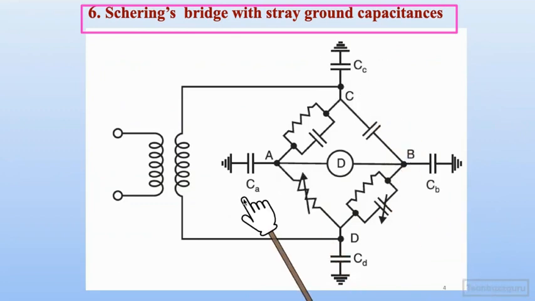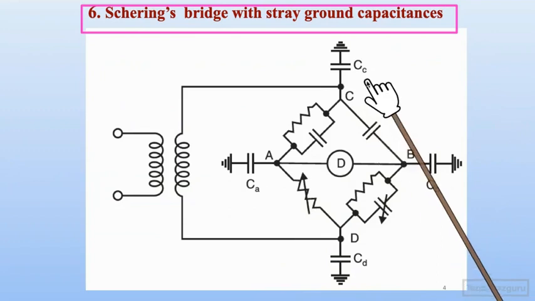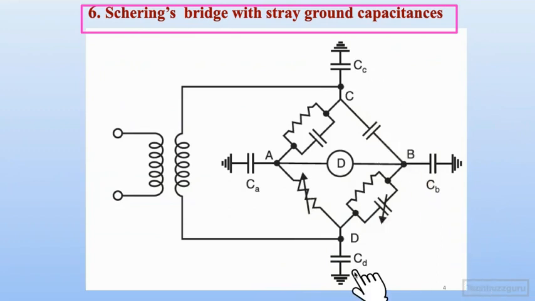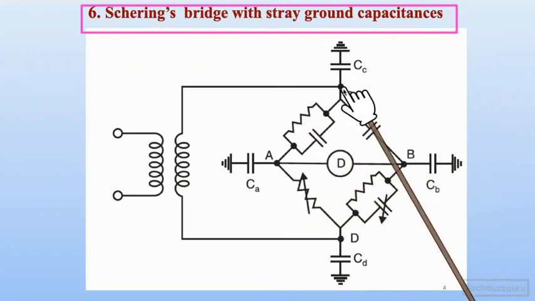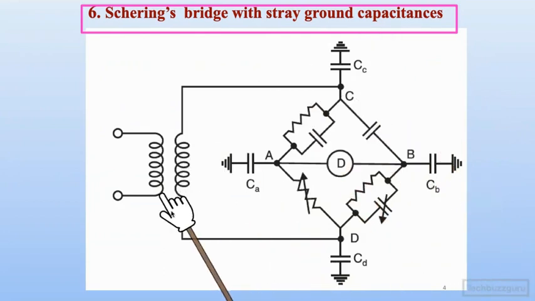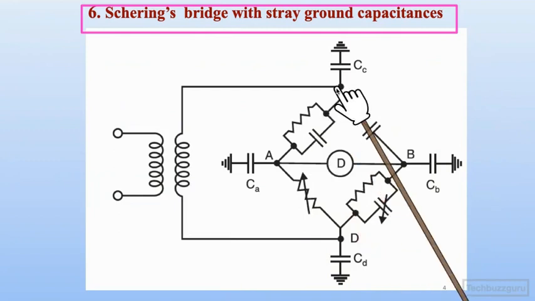So CA, then CB, CC, and then CD. All these bridge junctions will form some amount of ground capacitance due to nearby grounded objects. When this bridge is energized from the high voltage transformer, it will form stray ground capacitances.